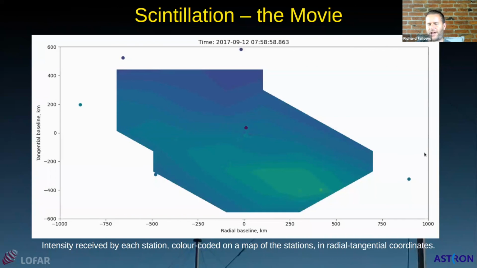But in terms of calibration of timing between different stations, that is less important for this. I mean, the geometrical delay between stations is of the order of milliseconds at most, whereas we're looking at stuff that's crossing our line of sight in seconds.